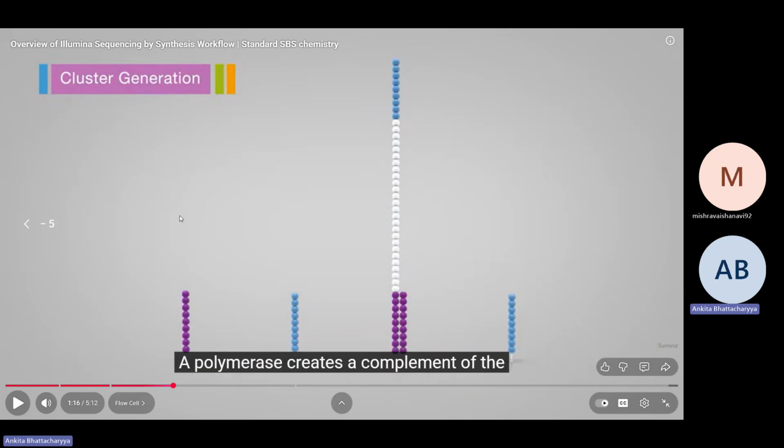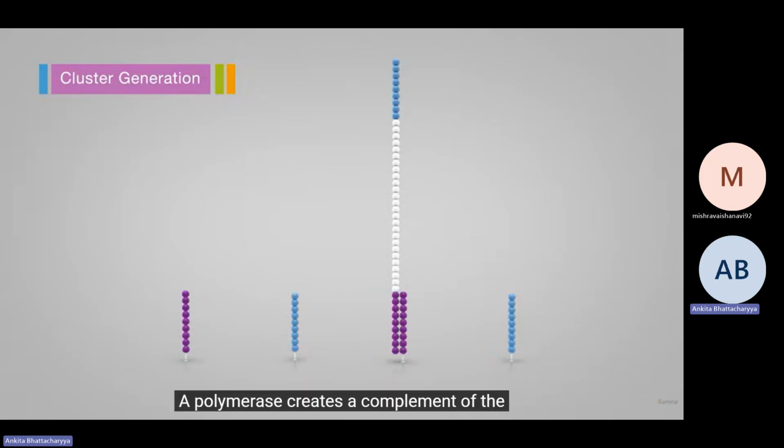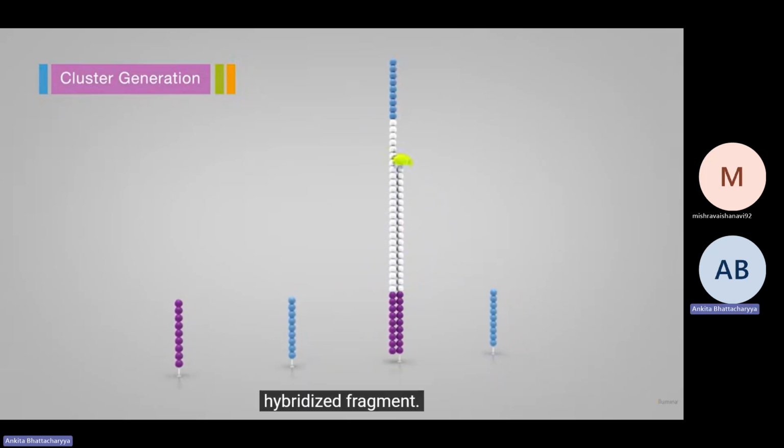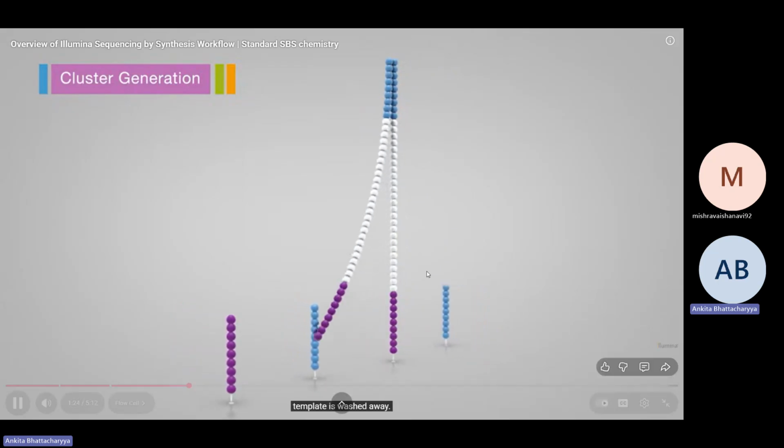So focus here, what is attached to the base of the flow cell is your adapter, and to it, your sequence of interest bound, that was the template, and complementary to it, synthesis was carried out by the polymerase, right? The polymerase here creates a complement of the hybridized fragment. So after this region has been polymerized, your initial template, what is the template?